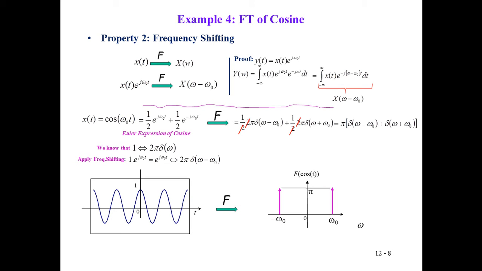Plotting this Fourier transform, we get two Diracs located at omega 0 and minus omega 0, with magnitudes pi in the omega domain.